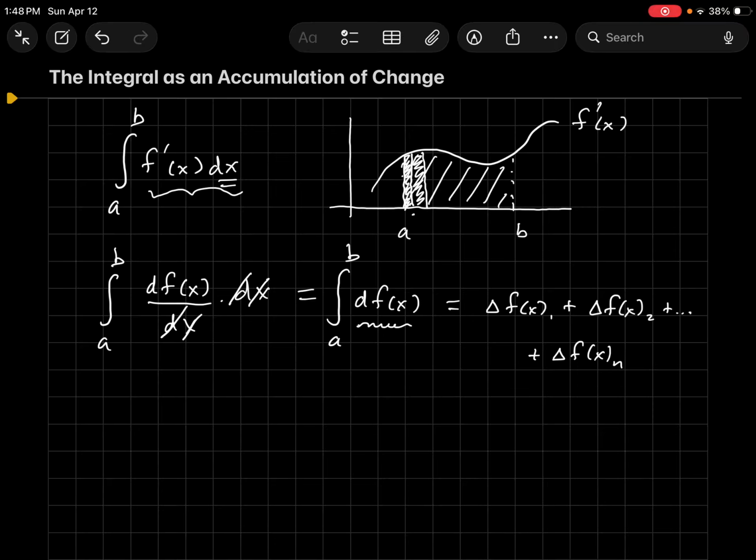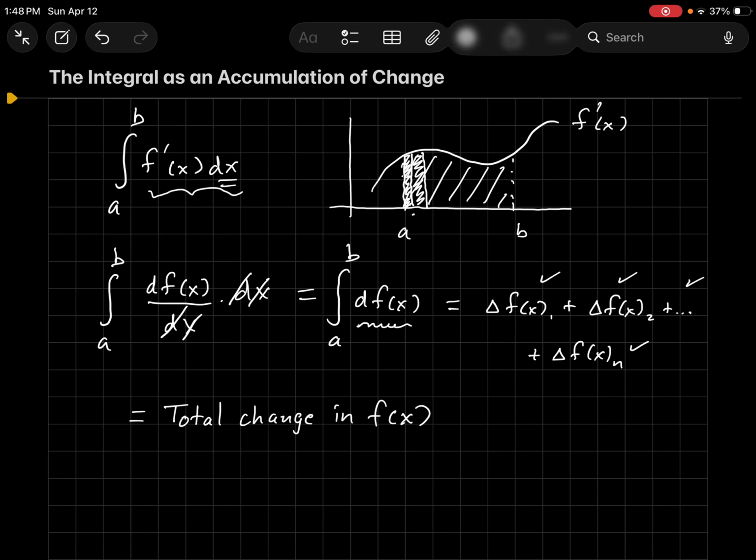But the point of this is, if I have very small changes in f of x, the first one, the second one, etc., out to the very last one, what does that give us? Well, that gives us the total change in f of x on the interval a to b.